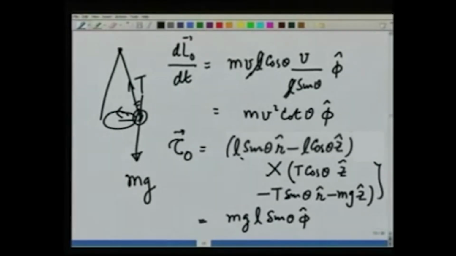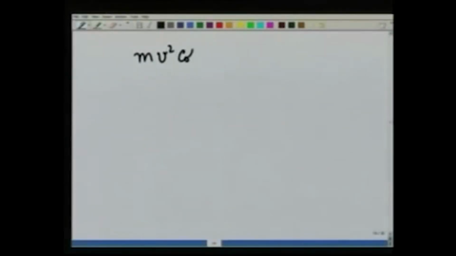So, what we learn now is that this quantity, which is dL dt, and this quantity, which is torque about O, must be the same, and therefore, we get m v square cotangent theta is equal to m g L sine of theta, both in phi direction.